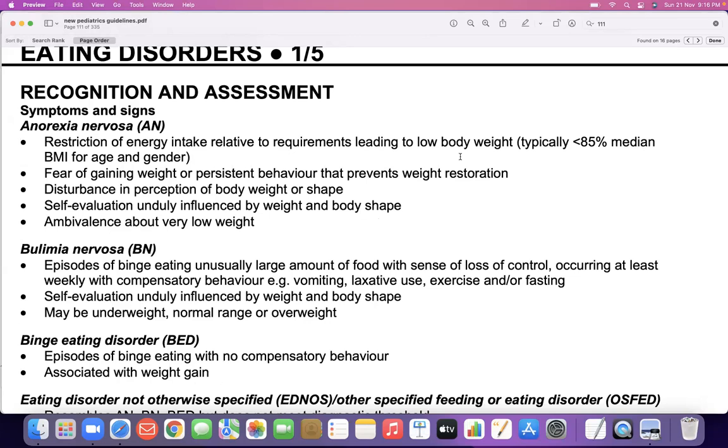You are not taking sufficient intake, your expenditure is more than intake. So this is leading to low body weight, typically less than 80% of the median for age and gender.